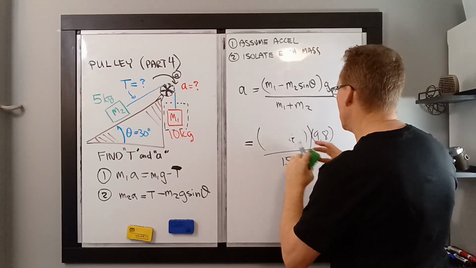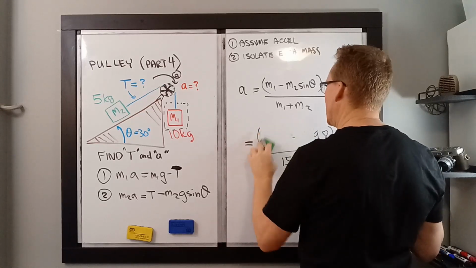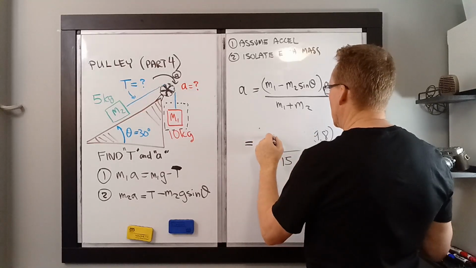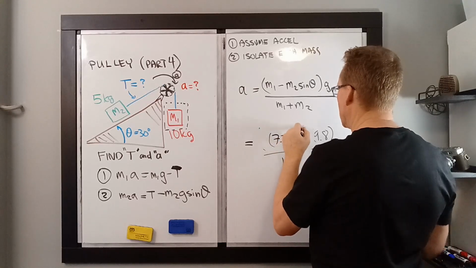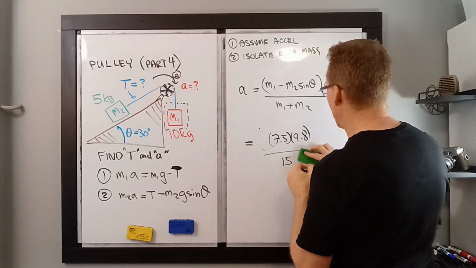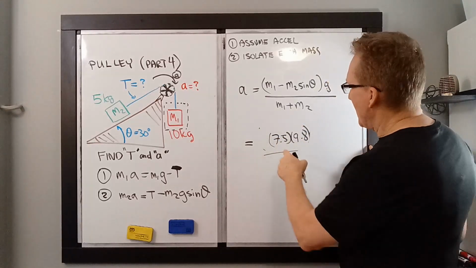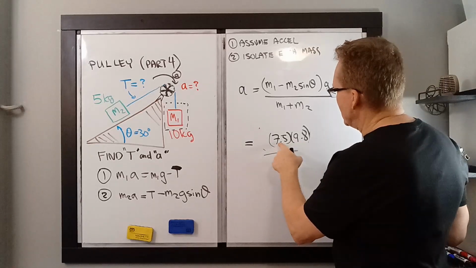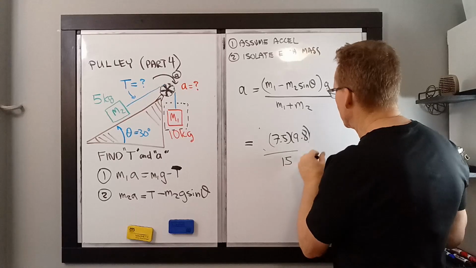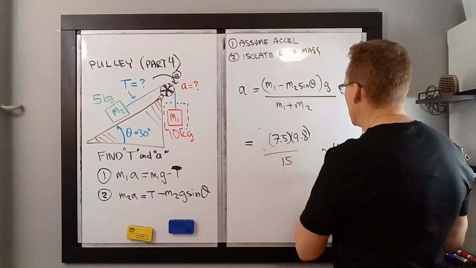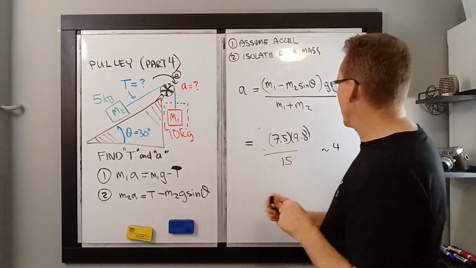10 minus 2.5 is 7.5. So let's just do that here. 7.5 times 9.8. I hope I didn't confuse you by doing that all in my head. Now this is about half of this, so this is 2 in the bottom. 9 divided by 2 is about 4. Let's check my calculator and see what I get for the acceleration.